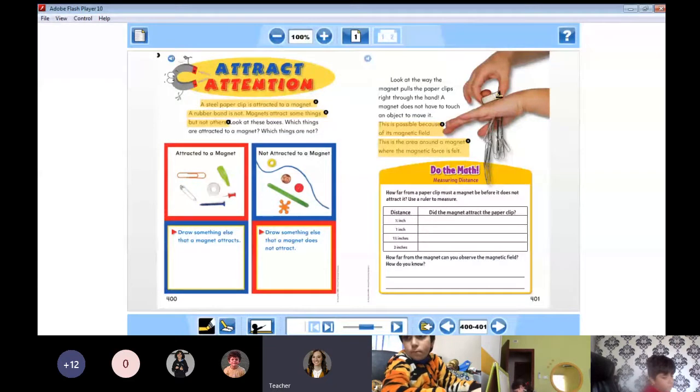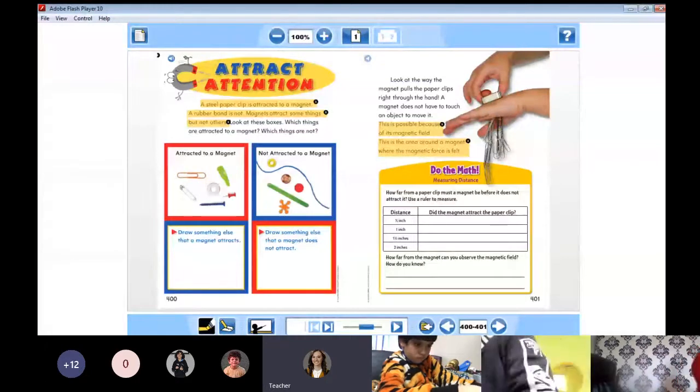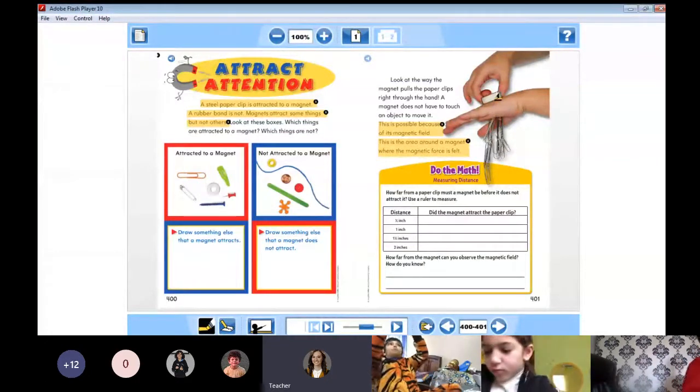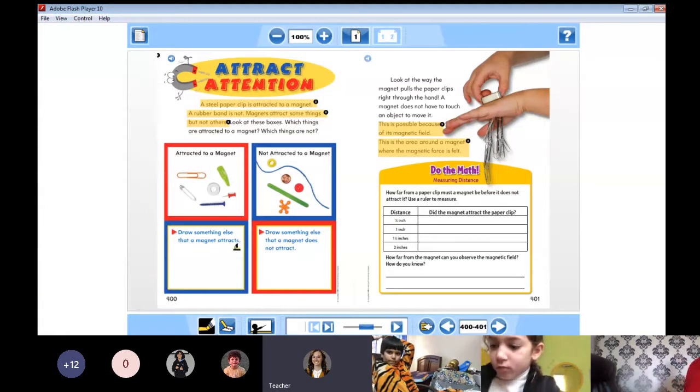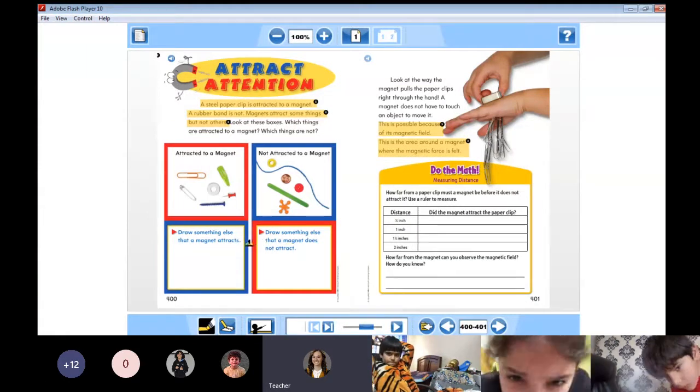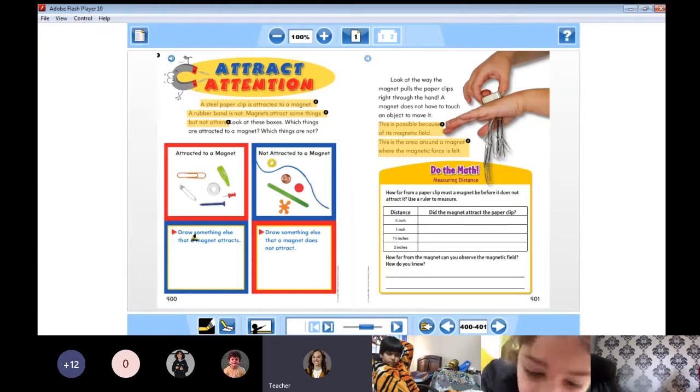But if it's a very strong magnet, it's going to attract things even through the hand. So you can do this experiment and take a picture of yourself doing the experiment. If you don't have a magnet, solve these two questions and take a picture of your answers and send it back to me.